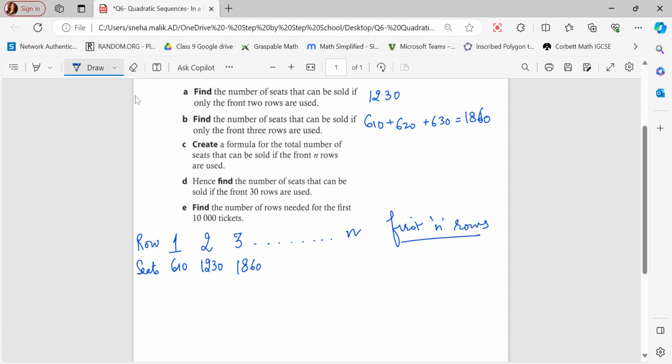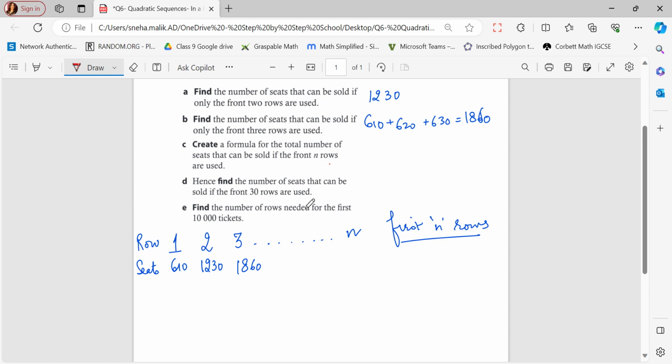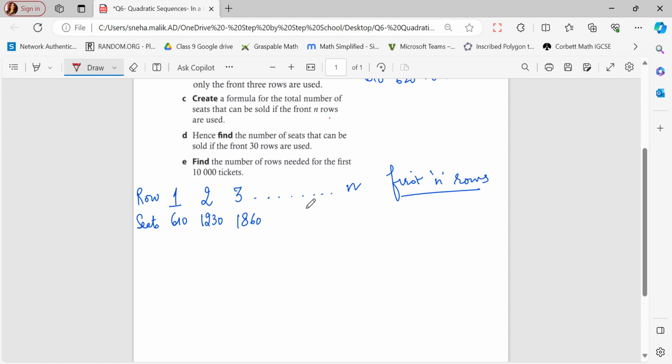So now I try to generate the nth term for this new sequence. This difference is 620, this difference is 630, and of course, the next difference would be 640. This is my first difference, which is not a constant.